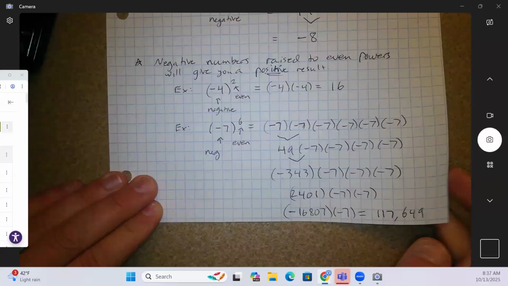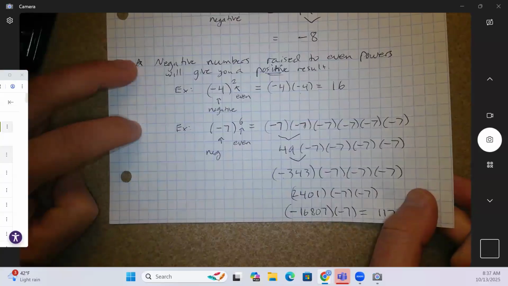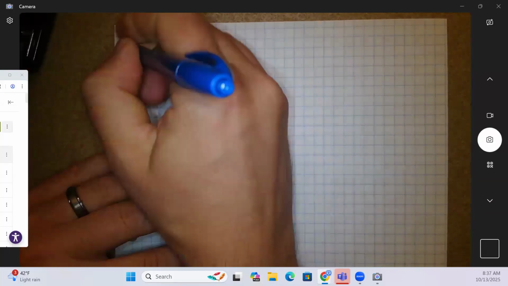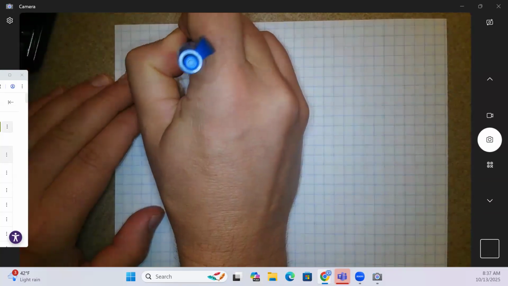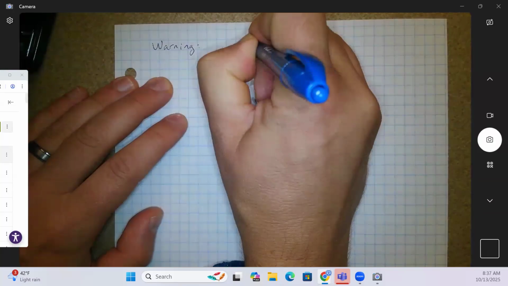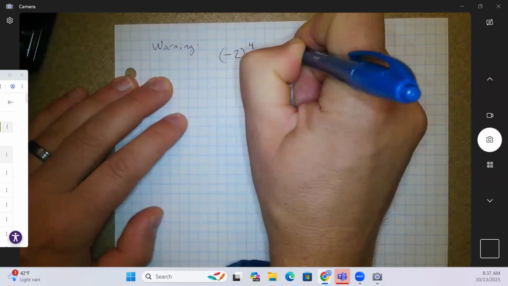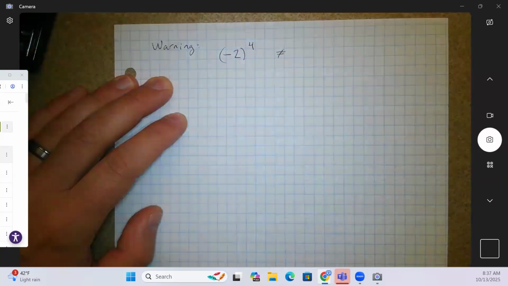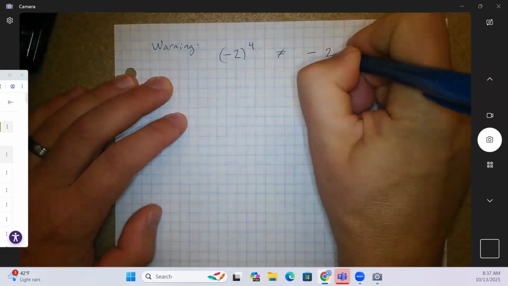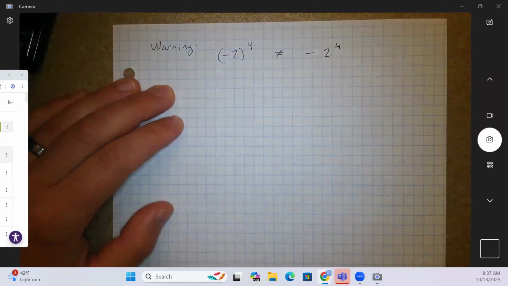All right. Now, this second rule has a very important consequence. And it's highlighted in the book, which I like. Warning, -2 to the 4th is not the same as negative of 2 to the 4th.